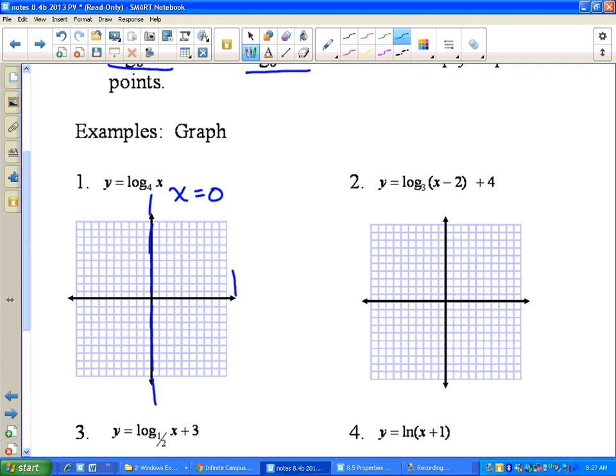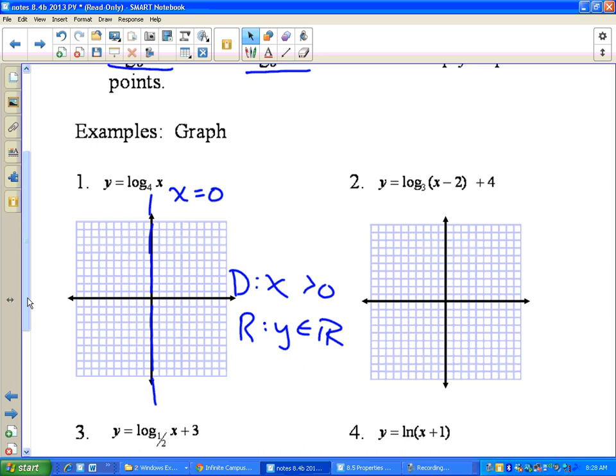What is my domain? X has to be greater than my asymptote. What is my range? Y is an element of all real numbers. That's my domain and my range.